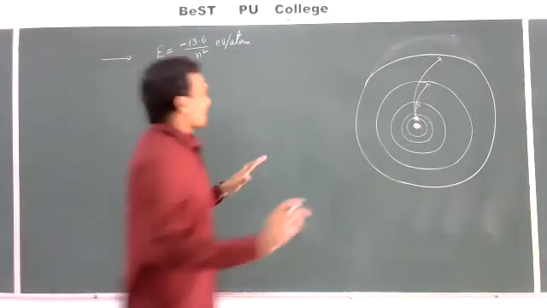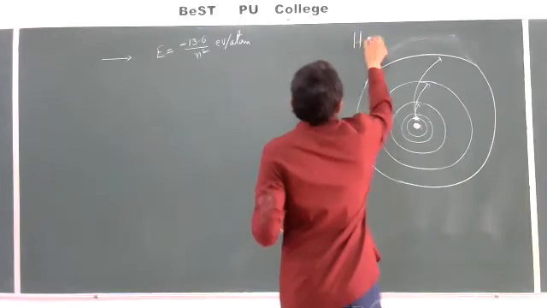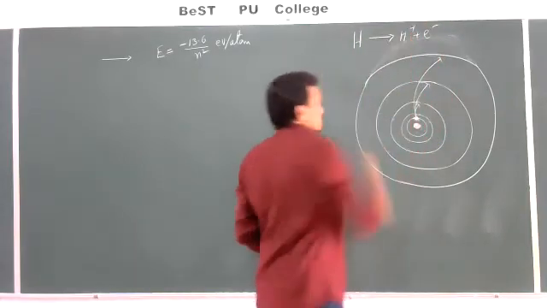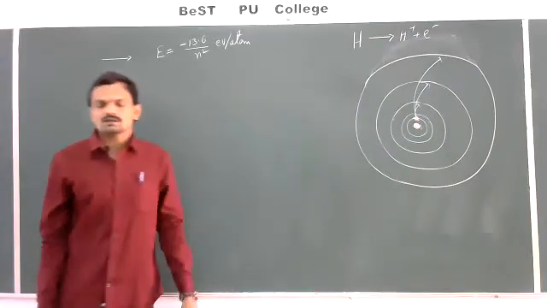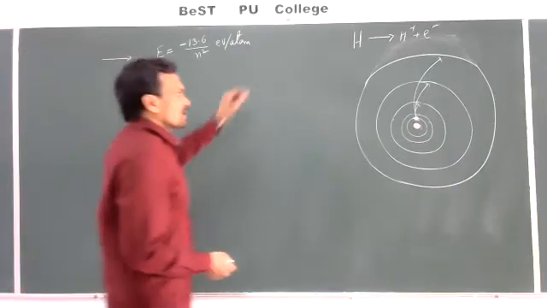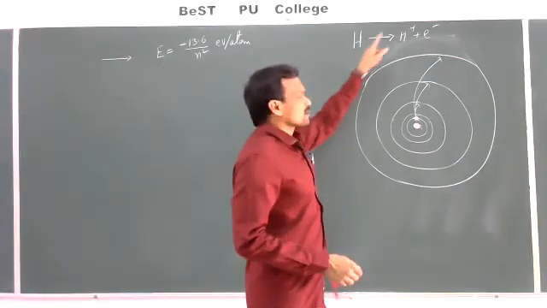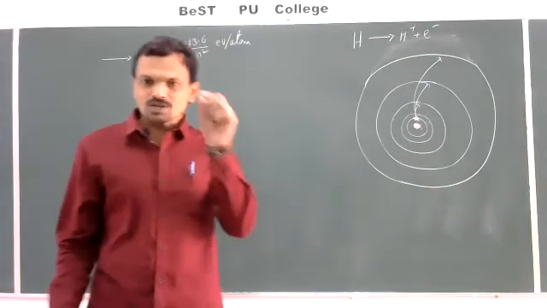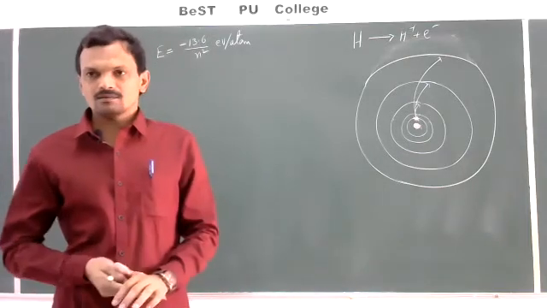See, what is ionization? Let us see first. H gives rise to H plus plus e minus. This is the ionization of the hydrogen atom. So what is meant by ionization? We have to remove an electron from the atom. Up to which distance do we have to move the electron?